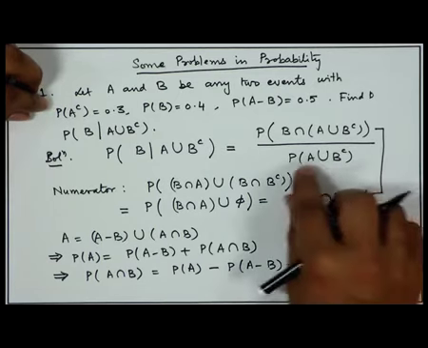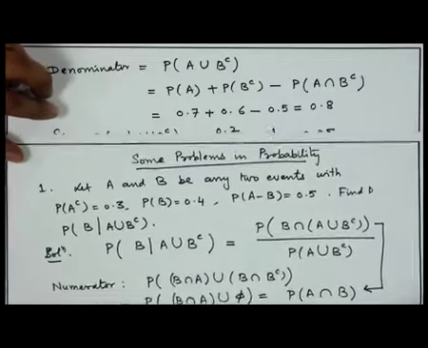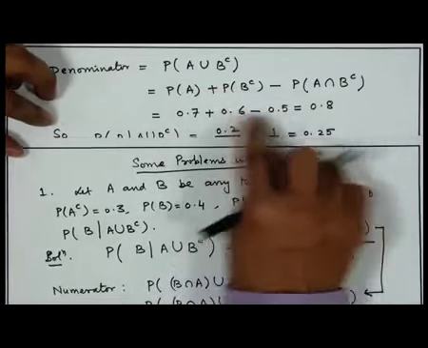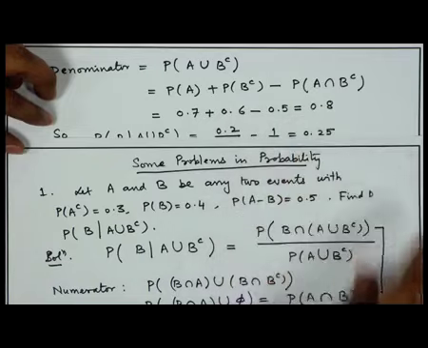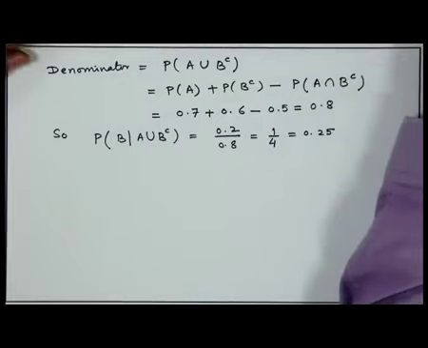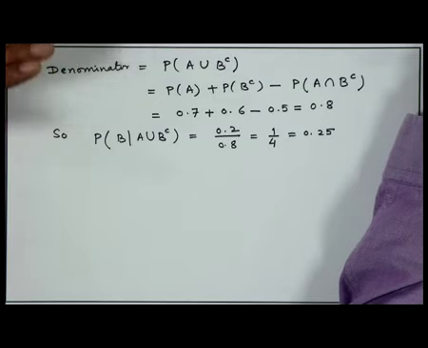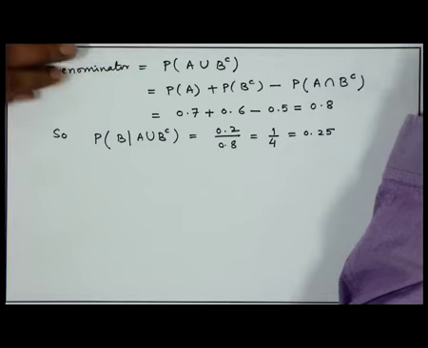To calculate the denominator, I use the addition rule, and this gives you the value 0.8. So, the purpose of solving this problem was to show that if the probabilities of certain events are given, then using that we can evaluate probabilities of various related events.